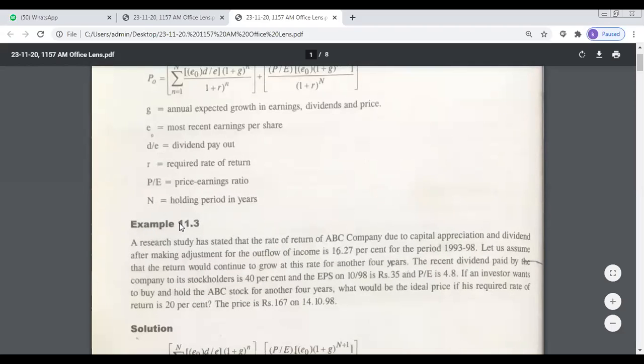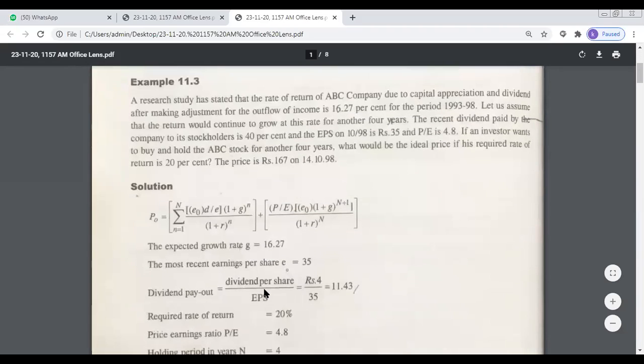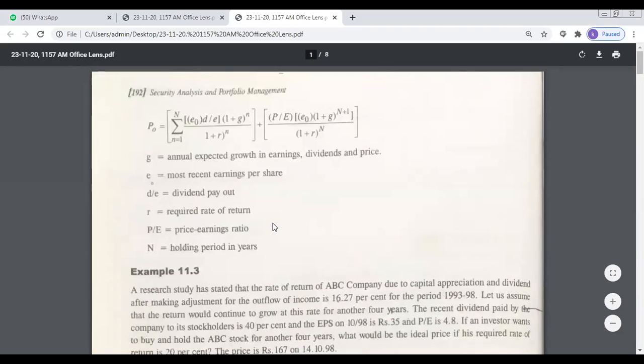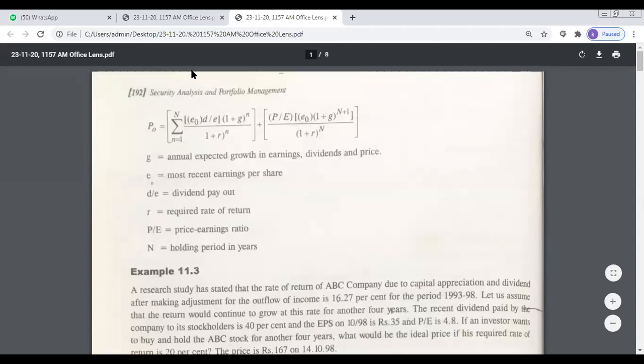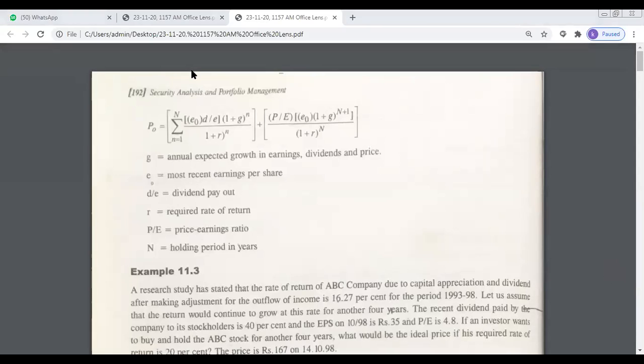We directly start with the problems, and once we solve the problem, then we'll be able to understand what we are talking about. Just go through this. First, go through the formula, and remember, you have to write the formula. You cannot learn that particular formula by heart. It will come to you by practice.